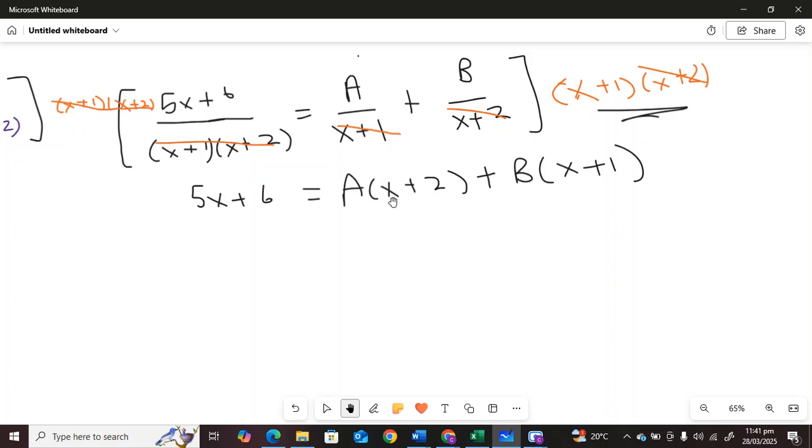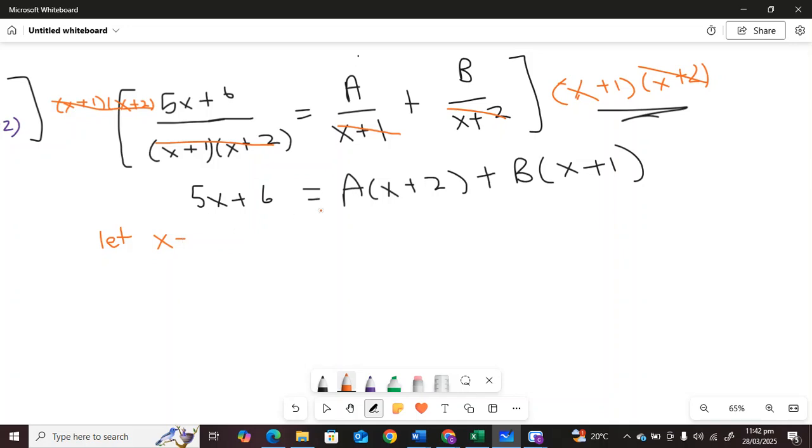So if we need to eliminate a, what do we need to equate x to? Basically, what will make this zero? Yes, so let x equal -2.